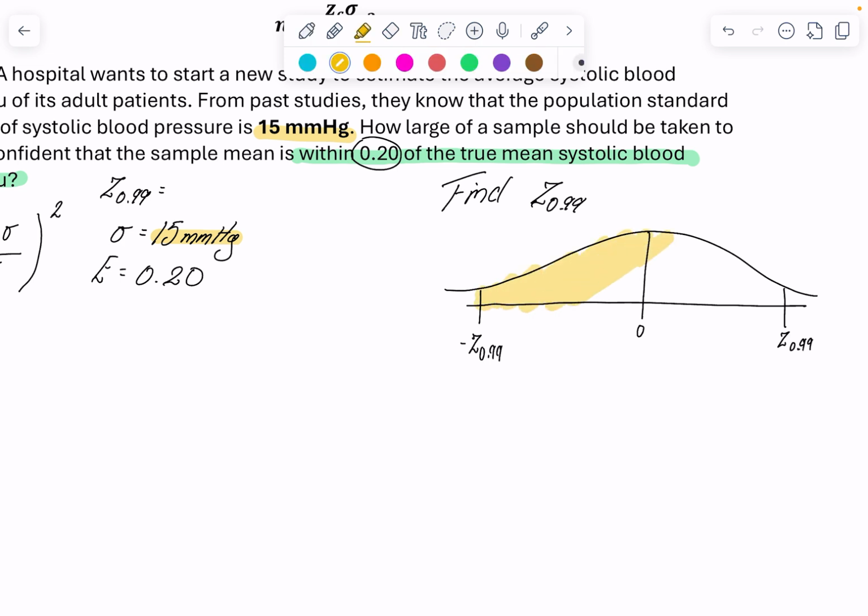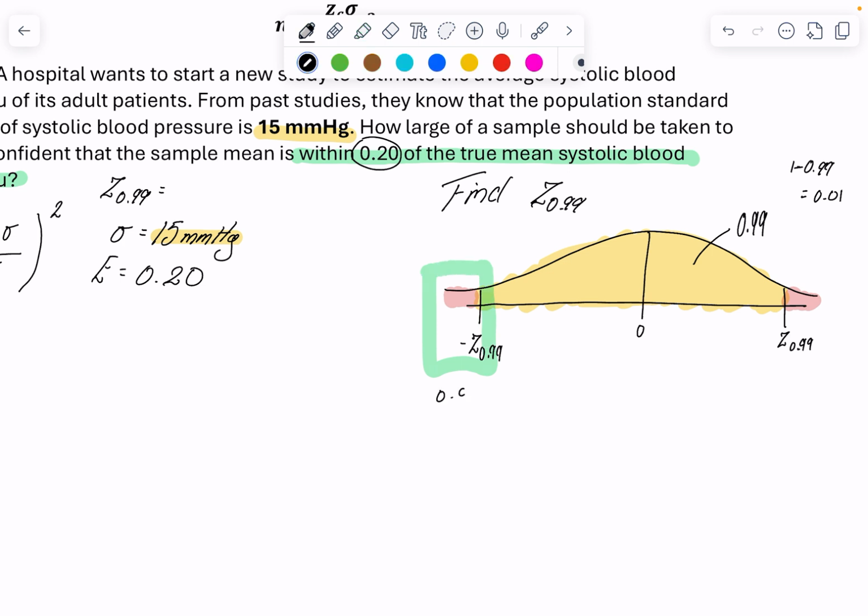You guys are experts at this point. Our confidence level is the area in between. So that means that the area at the tails is the complement, which we know as 0.01.